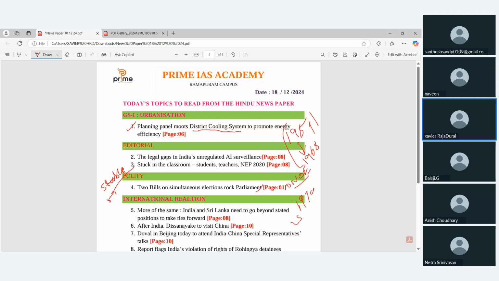So these are the various reasons for dissolution of any government in any state, and also at the center. Because of this process, the simultaneous polls were disturbed from 1968 onwards.